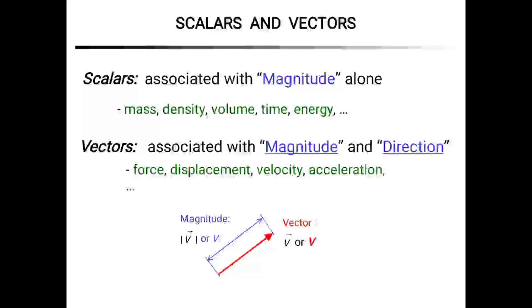When finding the magnitude of a vector quantity, we will take the modulus of V vector, or V. Next one is the direction. Direction is mostly mentioned as theta. So theta is the direction of a body in which it acts.